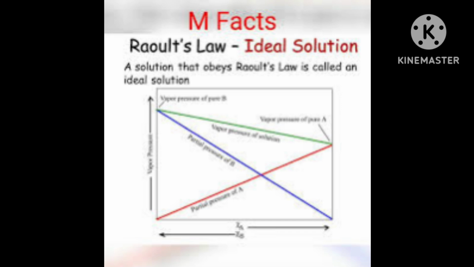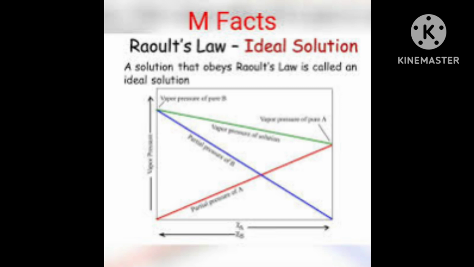If we join from the starting point to P2 0, that line will be called P2.